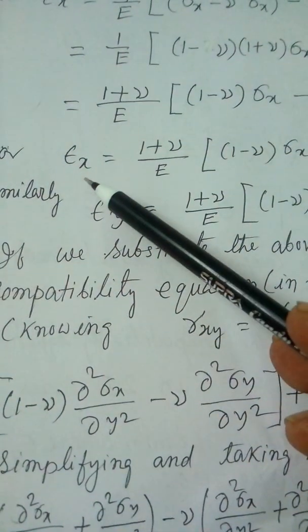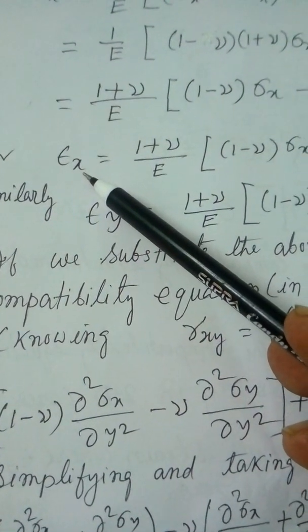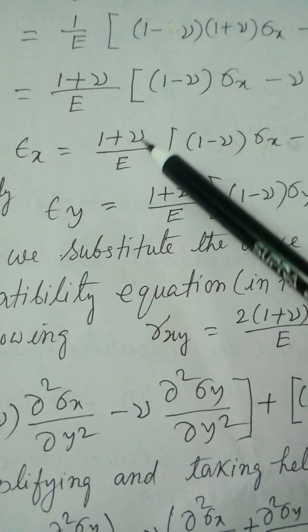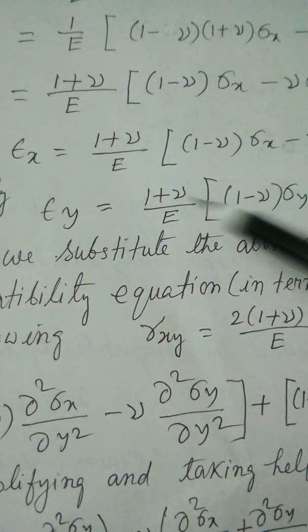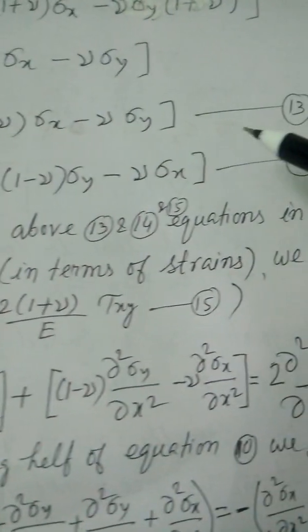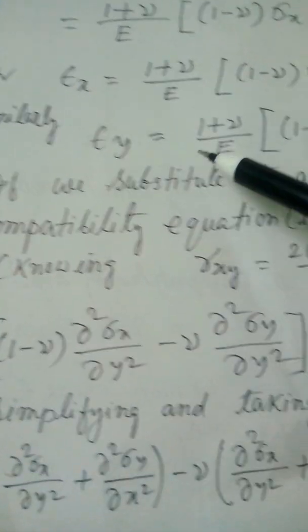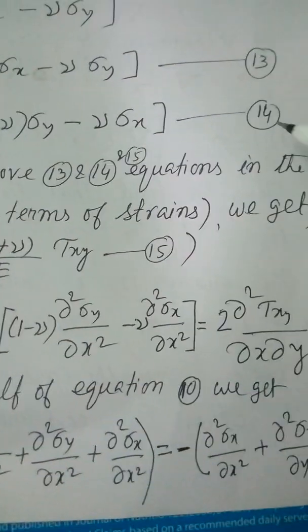So we have got this equation: epsilon x is the longitudinal strain in x direction, this is the Poisson ratio, this is the modulus of elasticity. This is equation number 13, and similarly sigma y will be this. This is equation number 14.